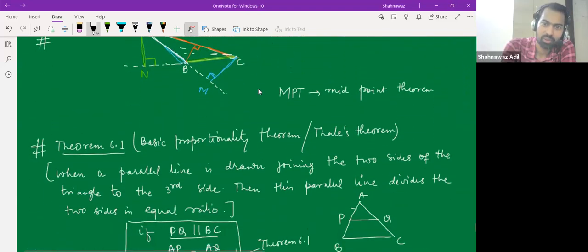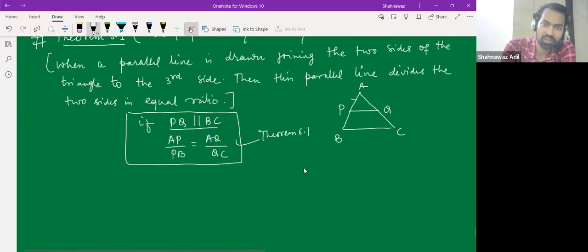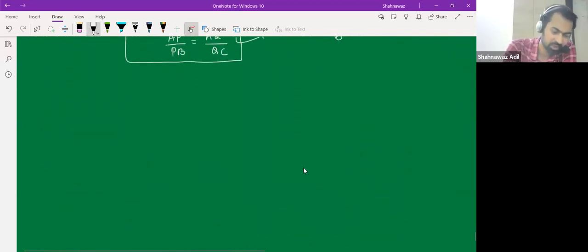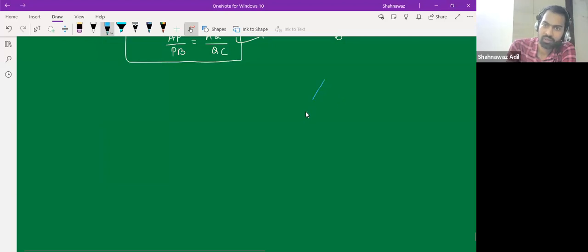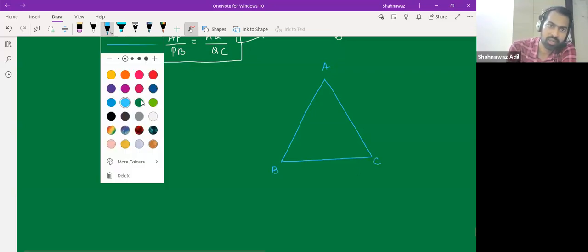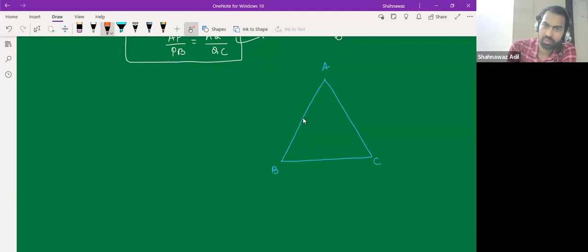Okay, if you have noted it down, we have a triangle, and we are drawing a parallel line.